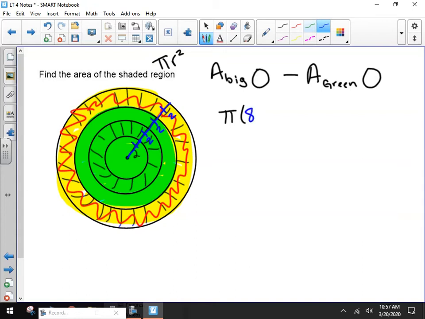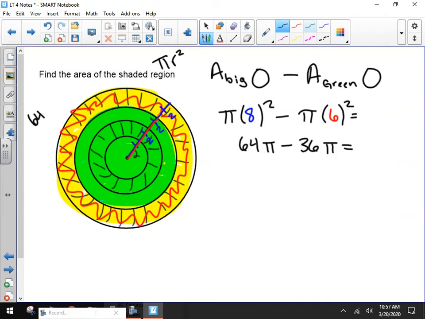So the green circle goes from here to here, so it's only 3 2s, so that's going to be 6. Okay. Now, just like radicals, just like variables, when I simplify this down, so I square 8, I get 64 pi minus square 6, I get 36 pi. Okay, the pi acts just like a variable. So if I had 64x minus 36x, I would write down 28x, right?